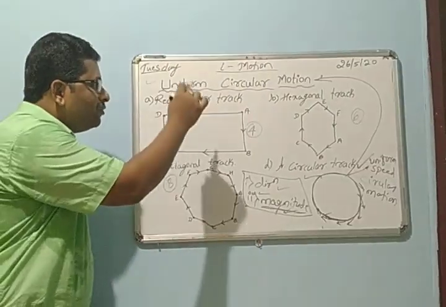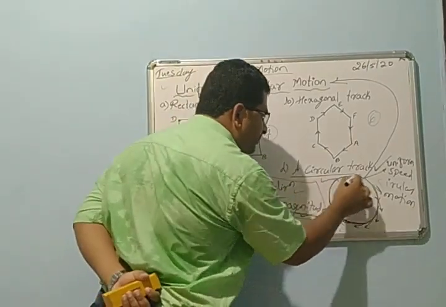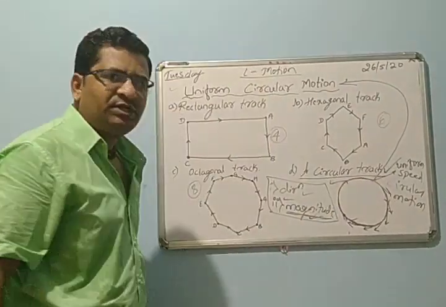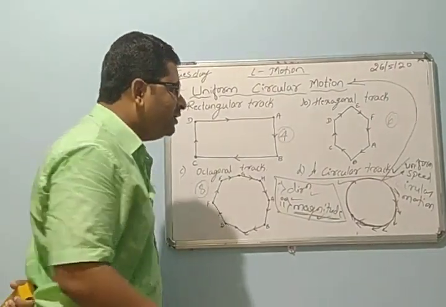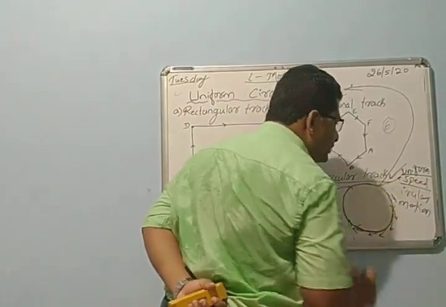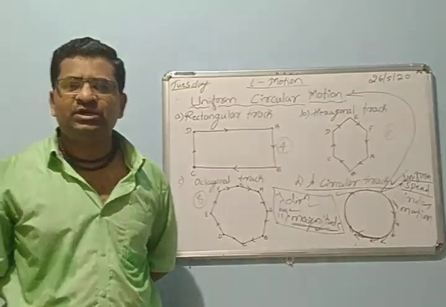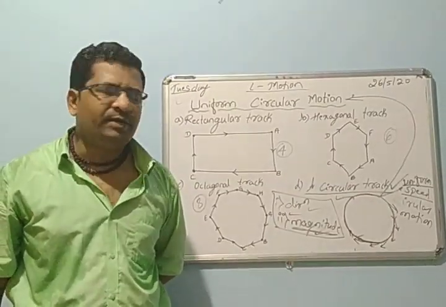In case of the uniform circular motion, the object takes its journey through the circular track and moves with uniform speed. That means the velocity changes by equal amounts in equal intervals of time.